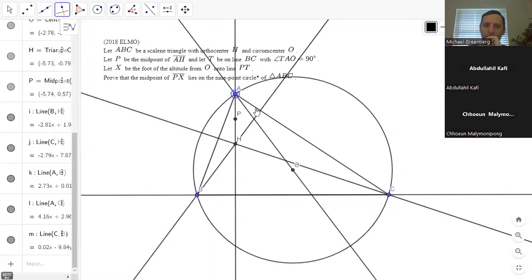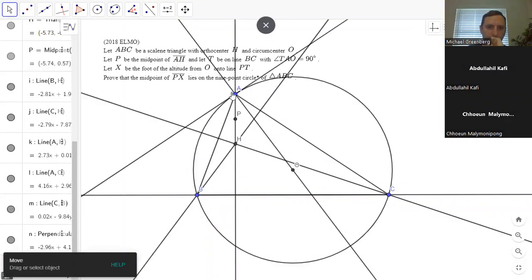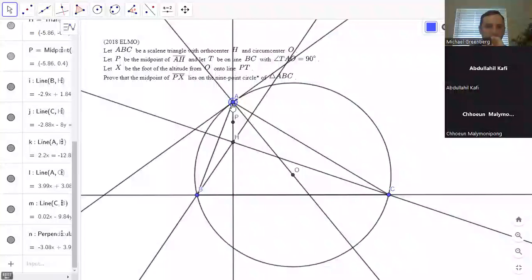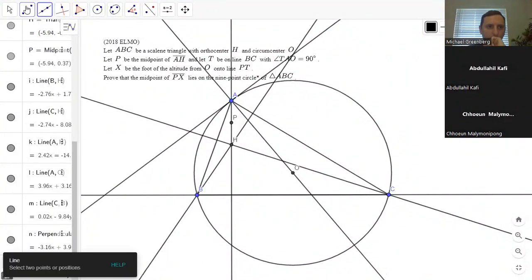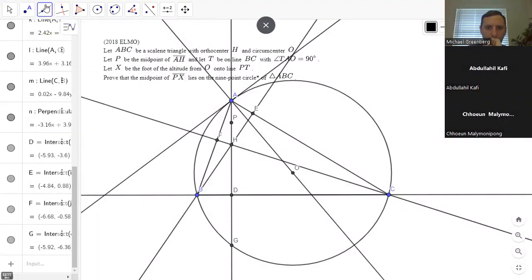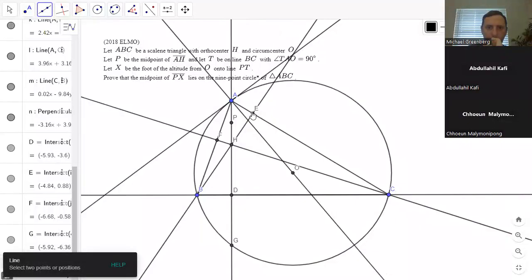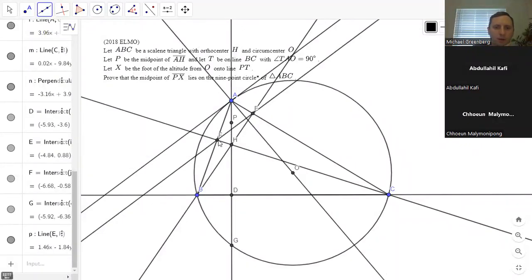And this is probably where the tools are going to help us next time. So I think this line is parallel to EF, right? So I'm going to draw DEF, G, and I believe this line where TAO equals 90 is tangent.